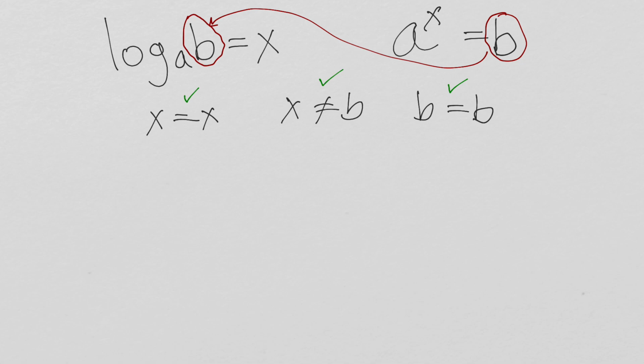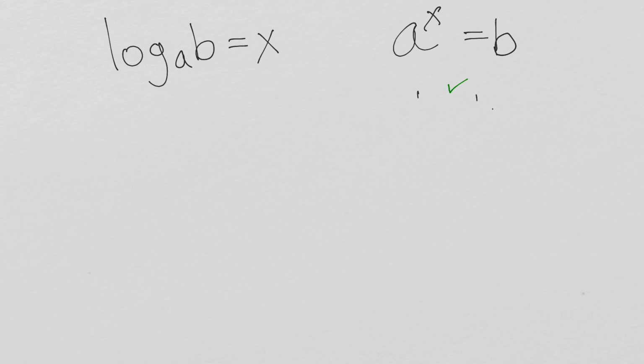So let's look at that for a second. So instead of saying, well, B equals B, let's instead say, okay, I'm going to let B equal what it does here in this case, which is A to the X. Okay, so I'm going to replace, which is totally valid, I'm going to replace B in this form.